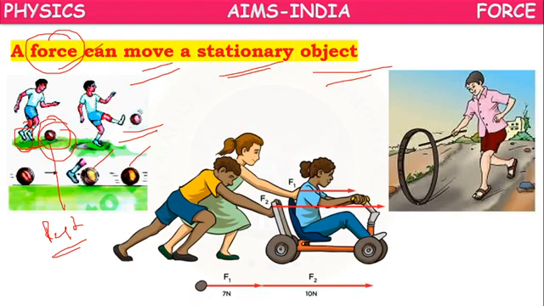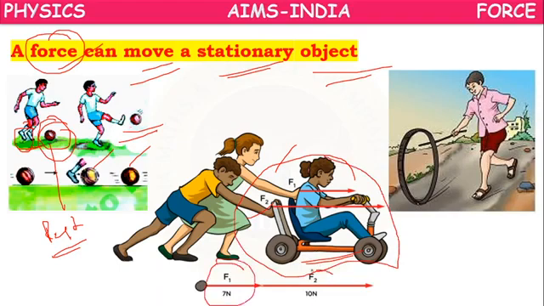Here two persons are trying to push another person who is sitting on a tricycle. The force of the girl is F1, the force of the boy is F2. With F1 and F2, they try to move the other girl sitting on the tricycle. With what force will they move?